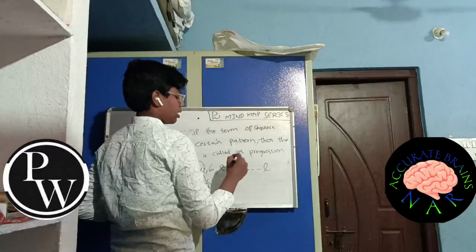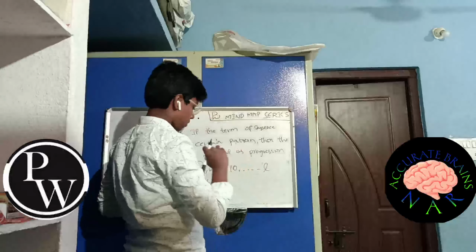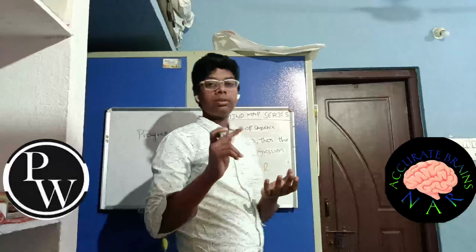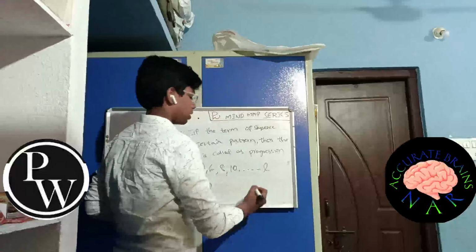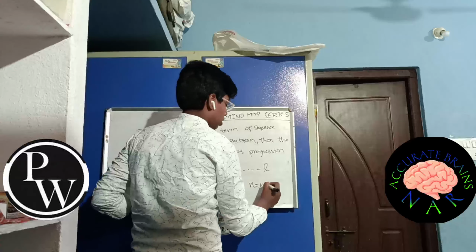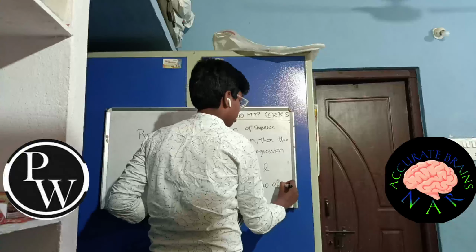It starts from the progressions. The first term is called A, subtracting the first term from the second term gives D, and the last term is denoted by L. The number of terms is denoted by N.